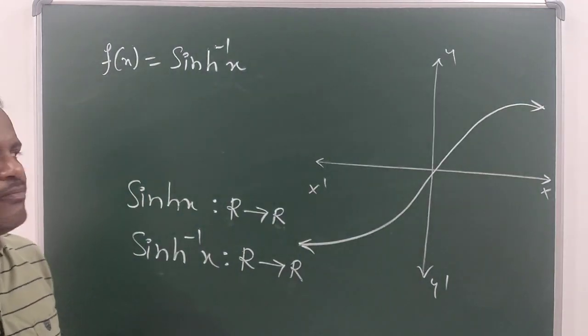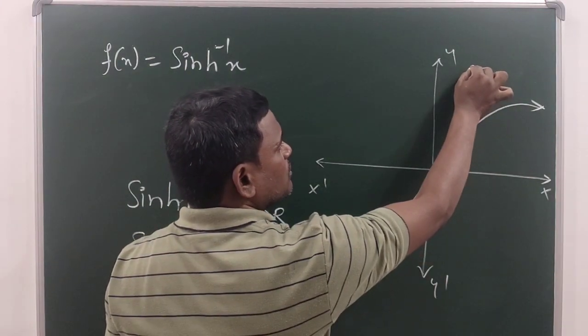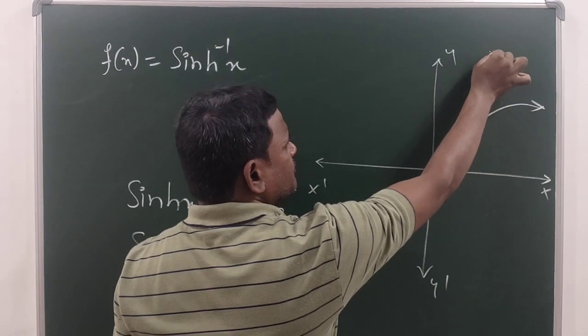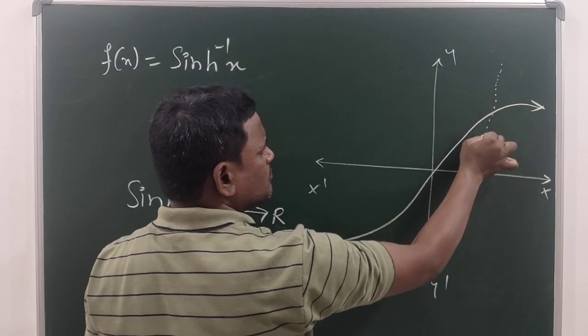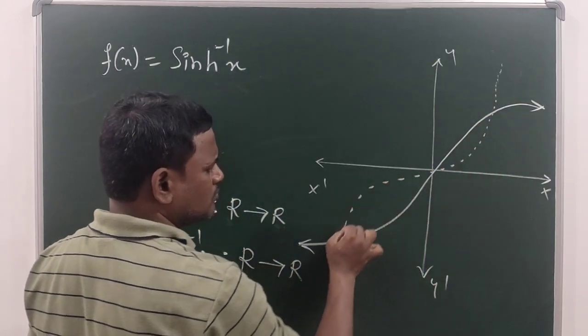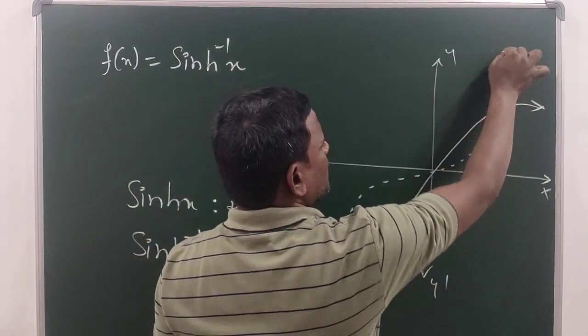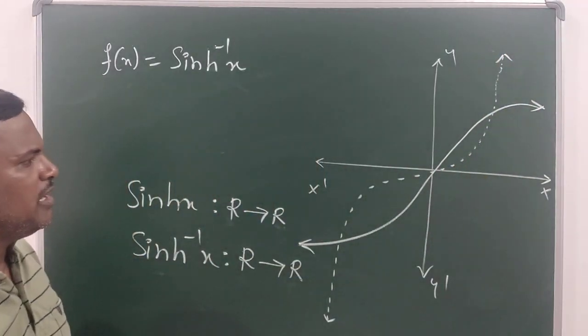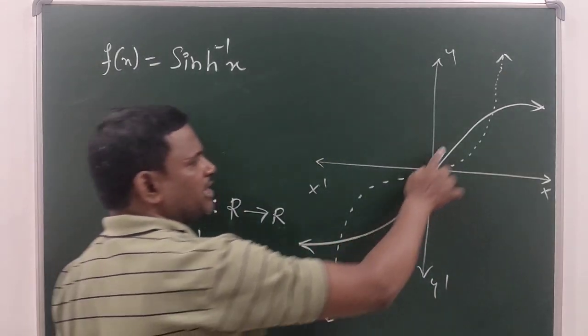No confusion. This is the graph of sinh x, and its inverse is sinh inverse of x. So it comes like this.